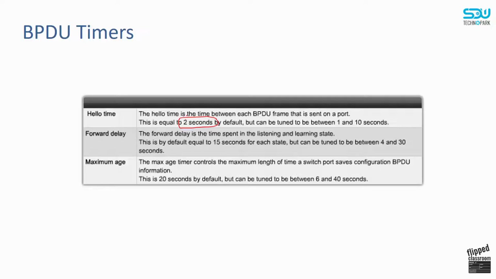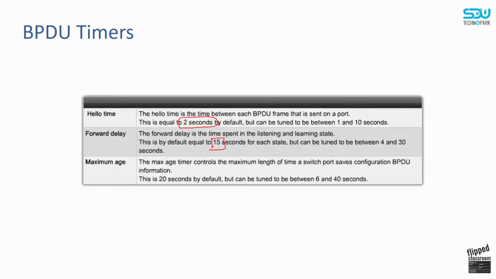Afterward, we have the forward delay time. Forward delay is the time spent in the listening and learning states. By default it is equal to 15 seconds for each state, but it can be tuned between 4 and 30 seconds.